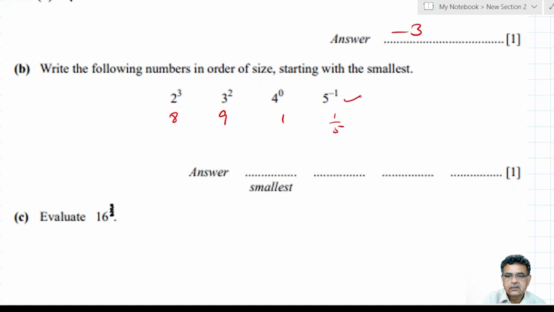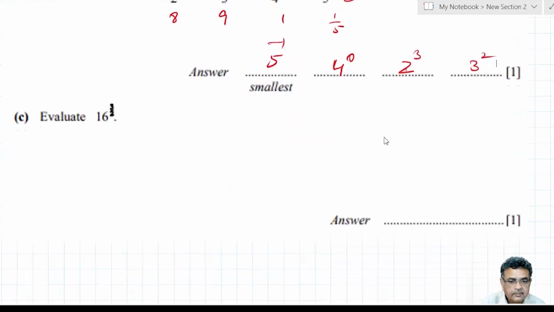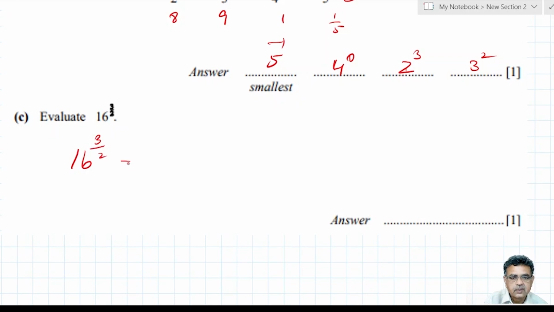This is the smallest one, 5 power minus 1. 1 over 5 is the smallest, then 1, 4 power 0, then 8, that means 2 cube, and then 3 square, that's it. 16 power 3 over 2. We change this 16 into a power so that it can be cancelled with this denominator, that will become 64.